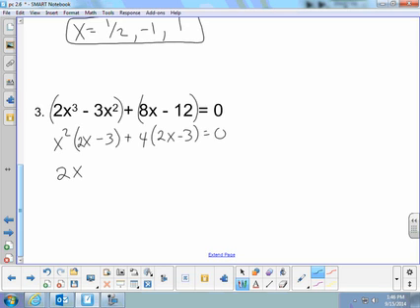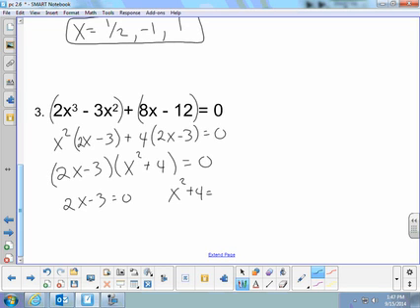So that would be 2x minus 3 and x squared plus 4. I know we've been factoring difference of two squares, but this is a sum. That does not factor. So I'm going to take each of those, set them equal to 0. When I solve that, I get x equals 3/2.